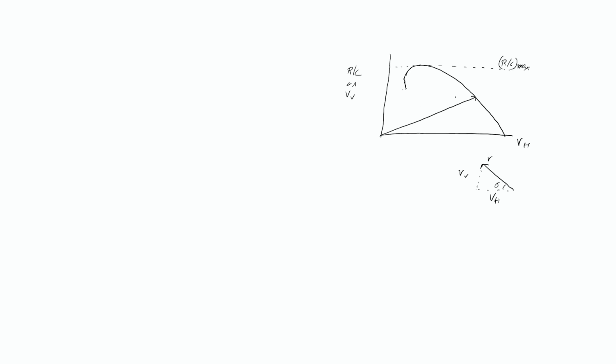This line is actually the velocity vector, with the horizontal component of velocity on the x-axis and the vertical component on the y-axis. Let me define this as point A, this as point B, and this as point C. Now this is the velocity, this is the gamma.